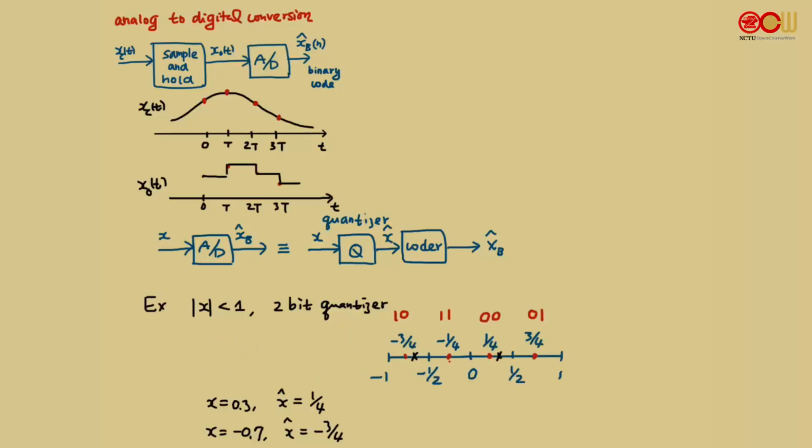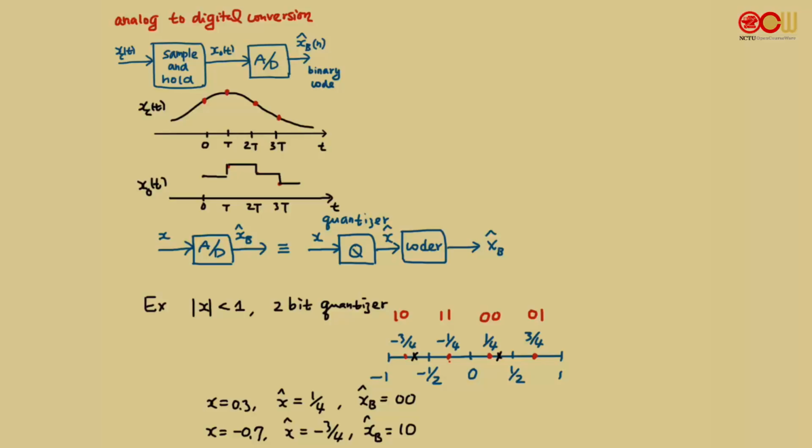It was too crowded, so I have redrawn it a little bit. Now, for this x hat of 1/4, it will be given the code 0 0. And for x hat equal to -3/4, you will be given the code 1 0.